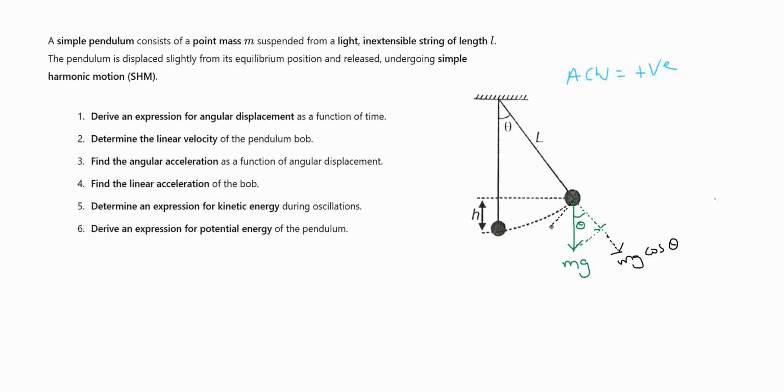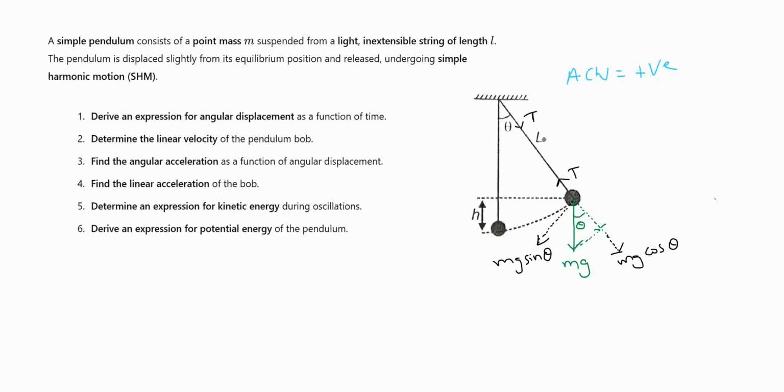So I'm just drawing the perpendicular here, mg sin theta. Now there are also internal forces because it is connected to a string. There will be tension in the string here.